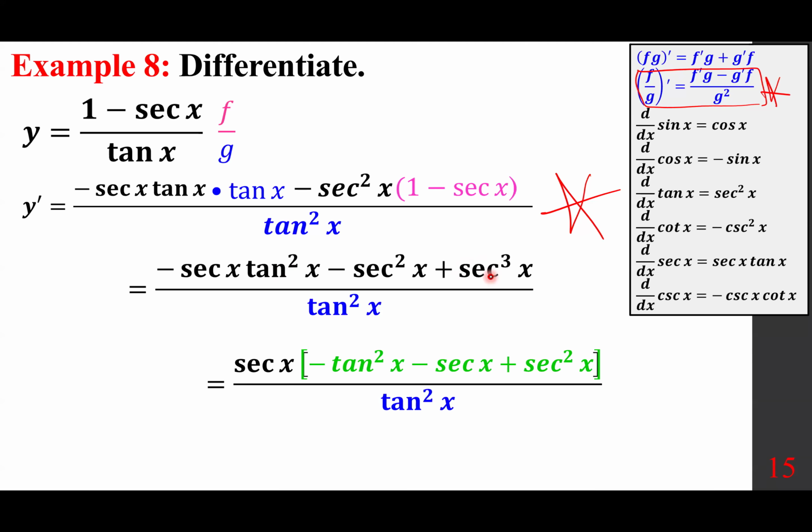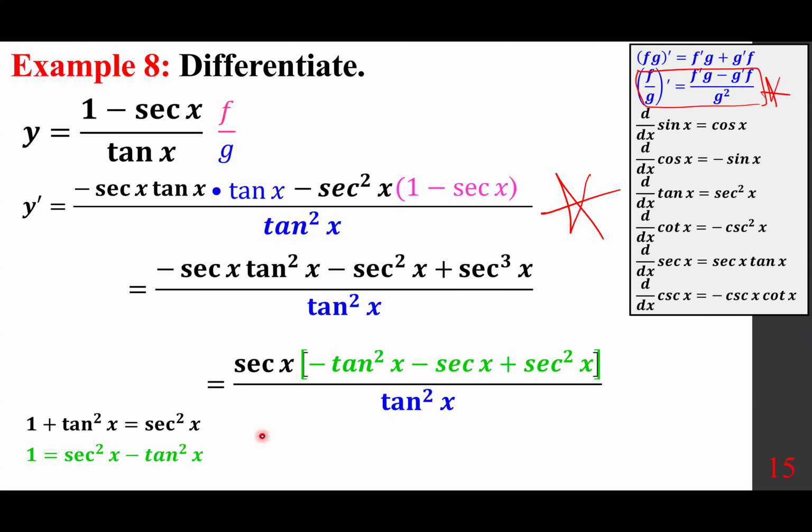Now, we looked at Pythagorean identities in trigonometry, and one of them was 1 plus tan squared is secant squared, which means if I move the tan squared to the right, 1 equals secant squared minus tan squared.